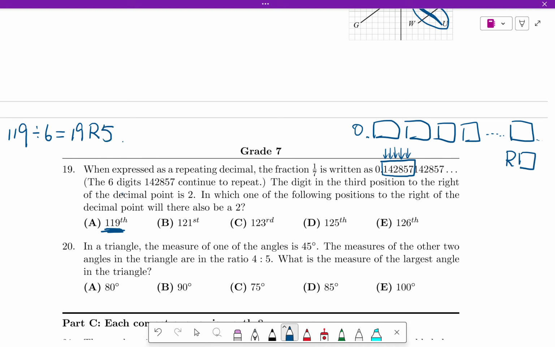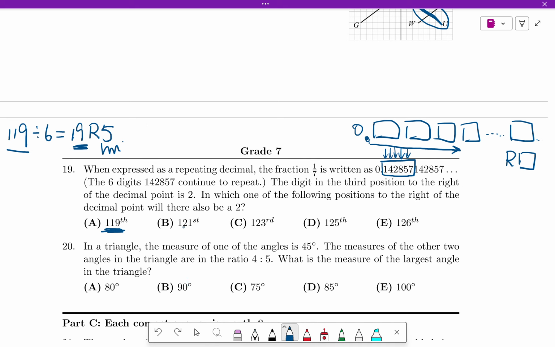This tells us that going from the decimal point down to the 119th decimal place, we will have 19 complete repeating groups of 1, 4, 2, 8, 5, 7, and 5 remaining digits, which are 1, 4, 2, 8, 5. So the 119th digit would be 5. We can repeat that procedure.